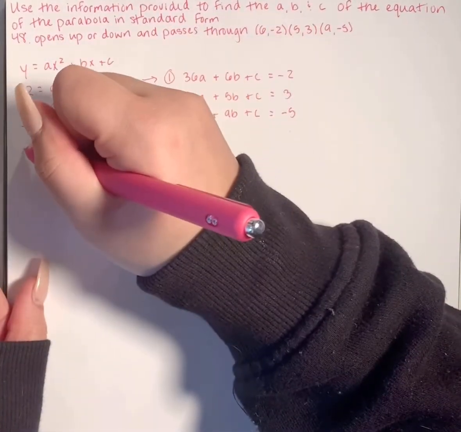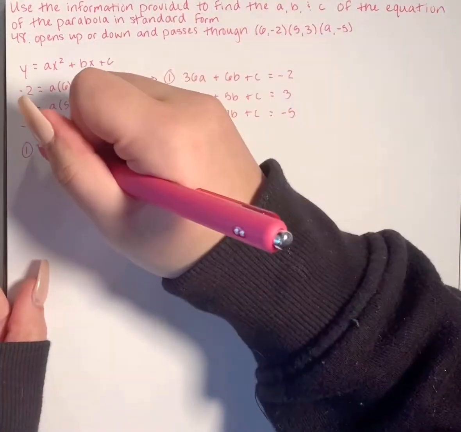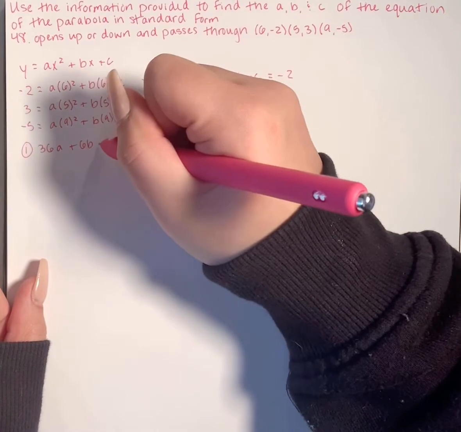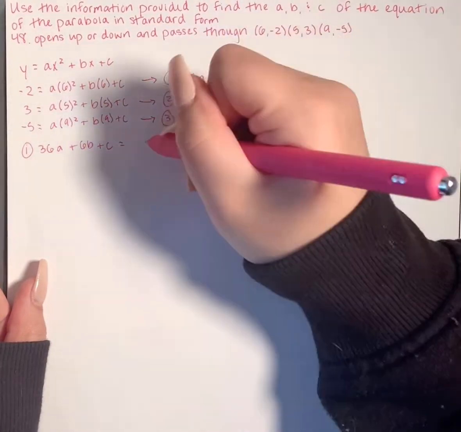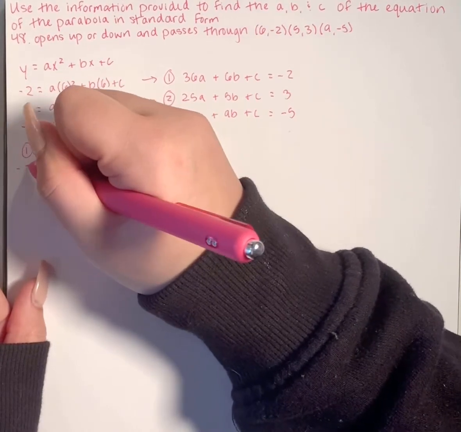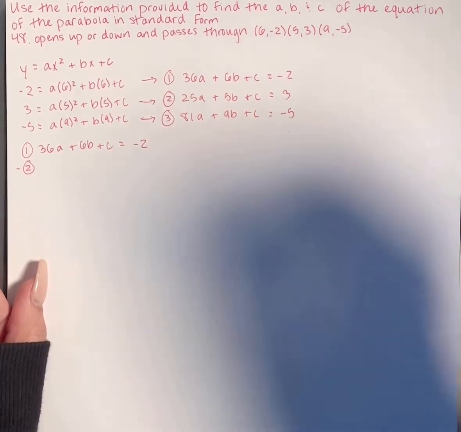So our first one, you just rewrite the first equation: 36a plus 6b plus c equals -2. And then we're taking the negative of equation number 2, and a mistake might be not flipping all the signs in the equation, so make sure you flip every sign.